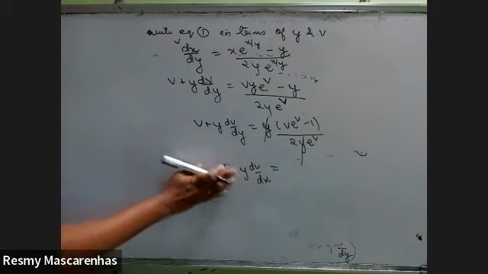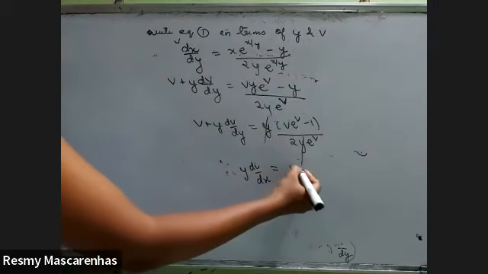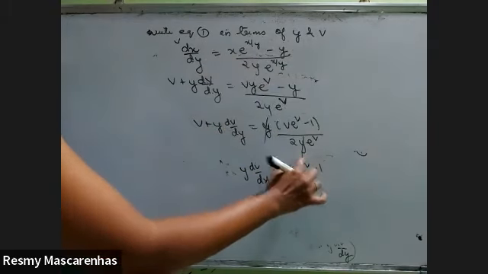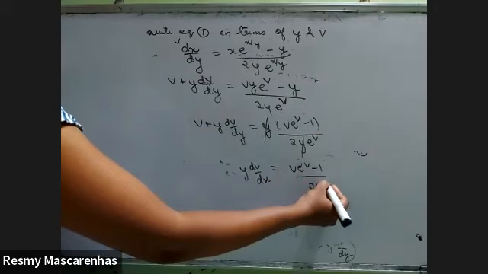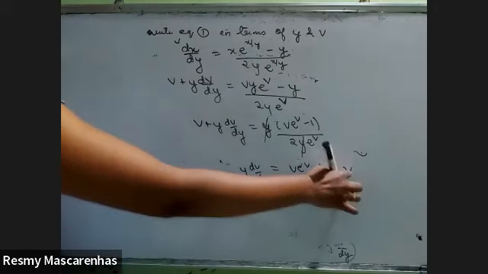I'll take v on the other side now. Now cross multiply.